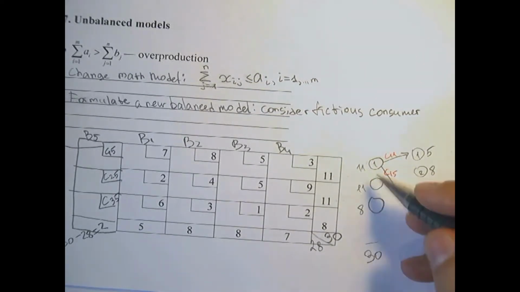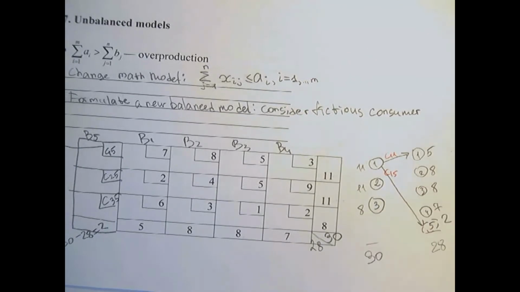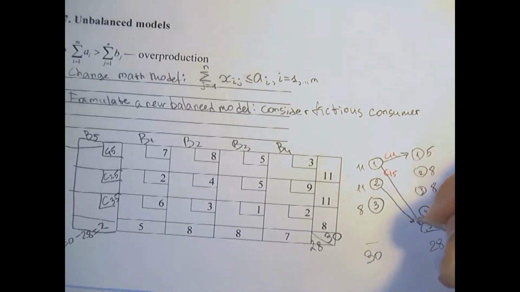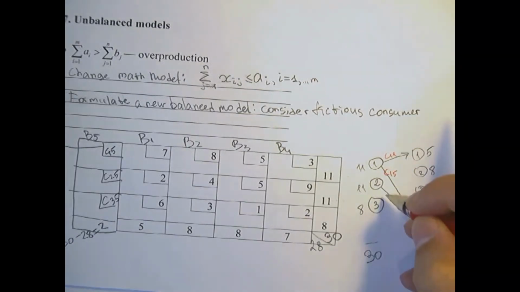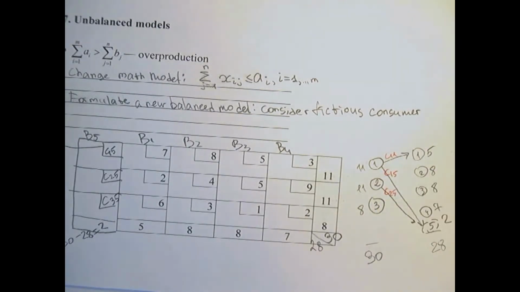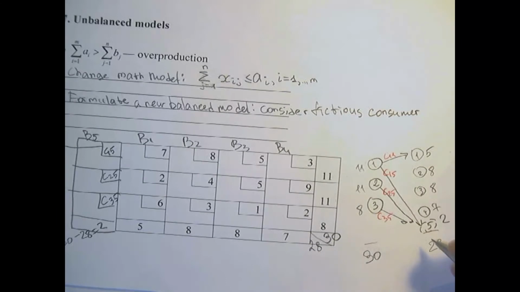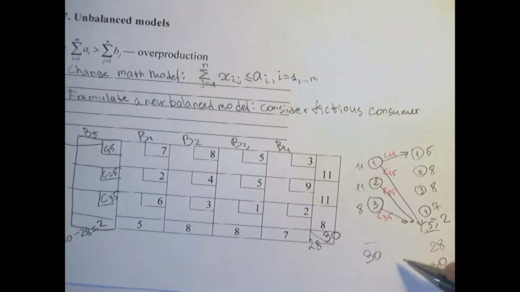In the same fashion, we consider penalties C25 from the second supplier and C35 from the last supplier. As a result, when we summarize, the total demand is now 30 and the problem is balanced.